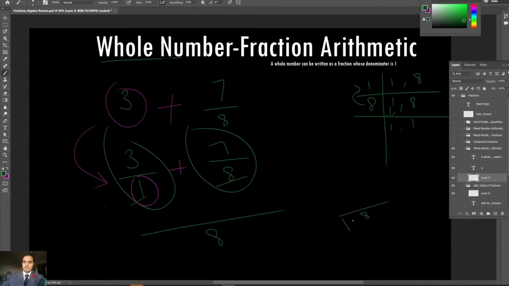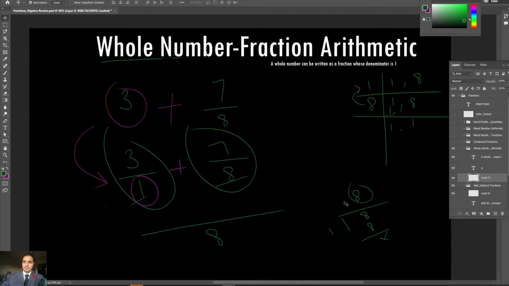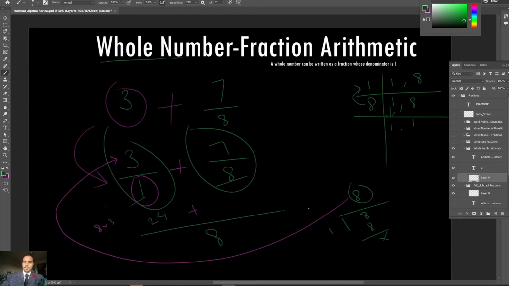If I write 8 here and 1 outside, 1 goes into 8 with a remainder of 0 and a quotient of 8. Now I'm going to multiply this quotient 8 with this numerator, or top number. So 8 times 3 is 24, plus, how many times does 8 go into this 8?